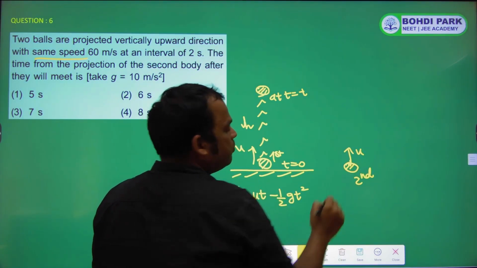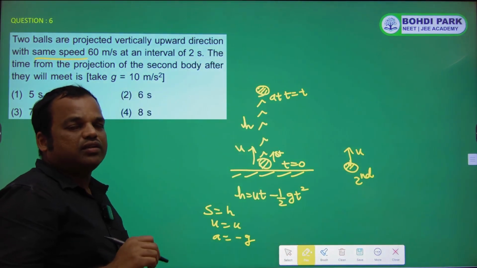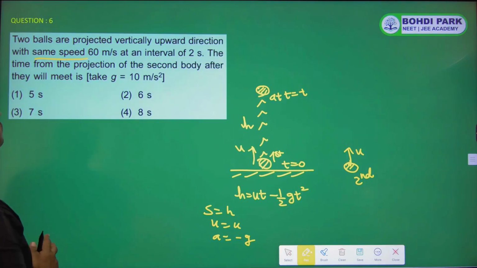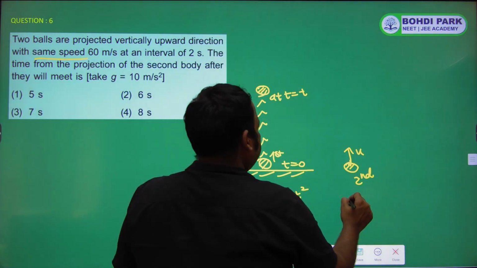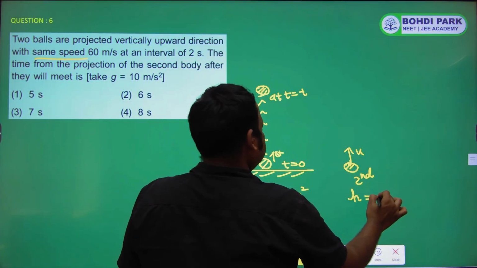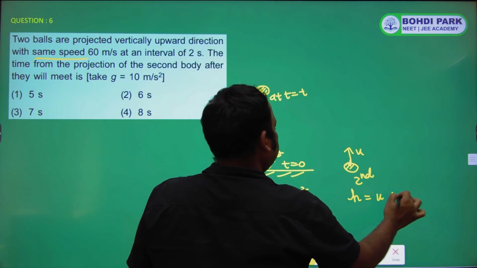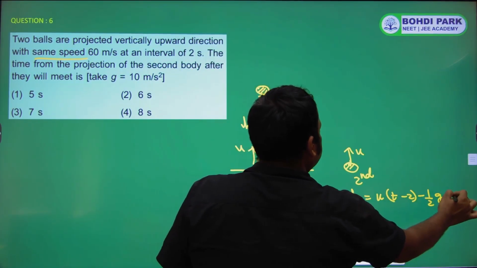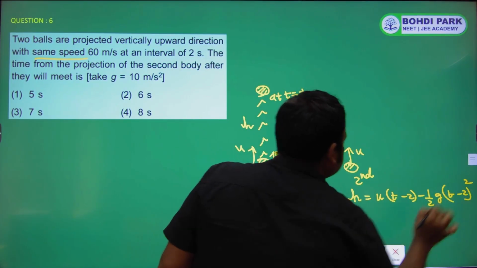So for second ball, the time taken will be 2 seconds less. So we will write h is equal to u into t minus 2 minus half g into t minus 2 square.